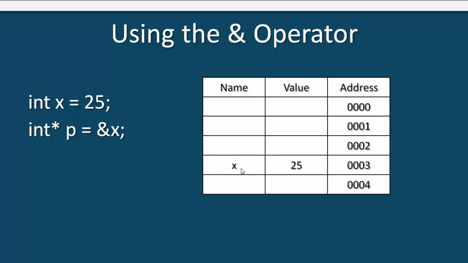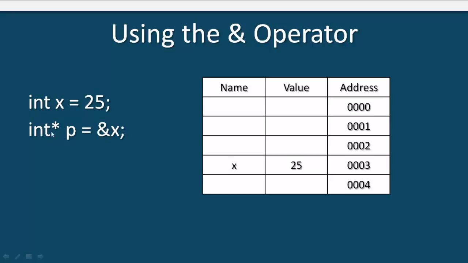Now what we can do is get this address by simply using the ampersand, the address of operator, and prefixing it before the variable that we want to get the address of. So we're saying that we want to get the address of X here. Once we have done that, we can assign that particular address to an integer pointer.